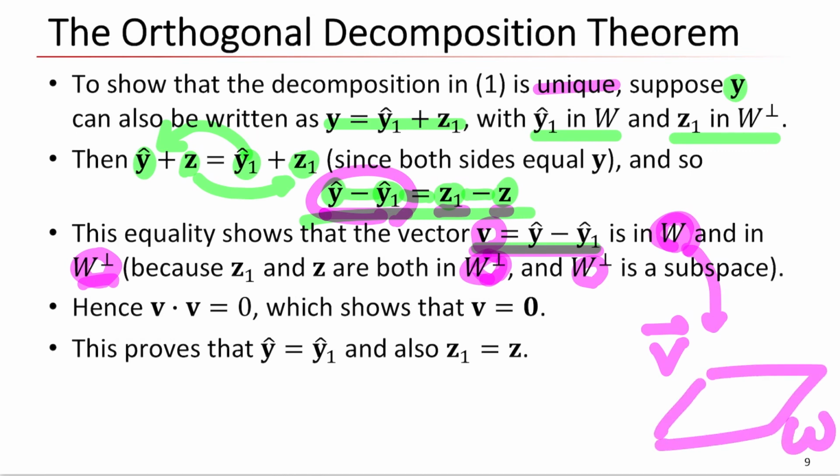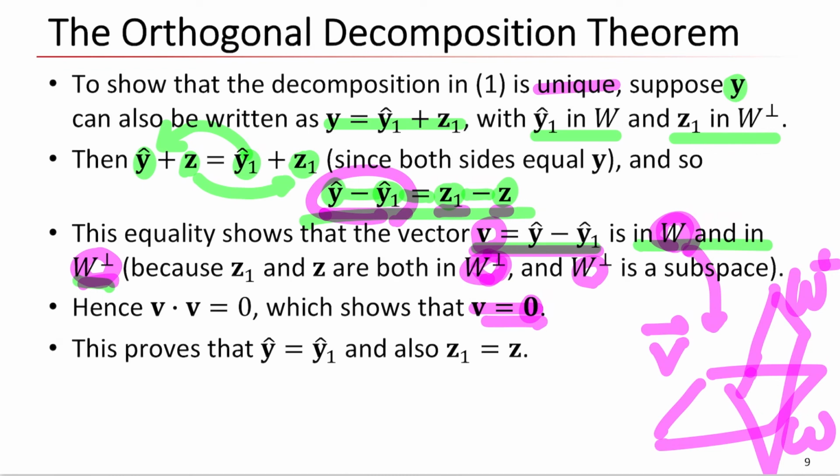So this is W and this is W perpendicular, and which one satisfies this? When V is equal to 0, right? So in other words, only the zero vector satisfies this statement.